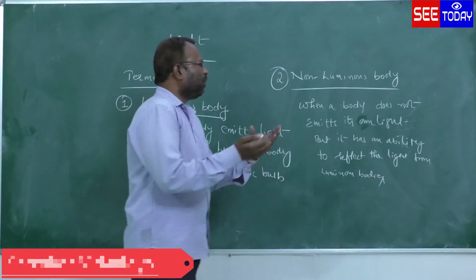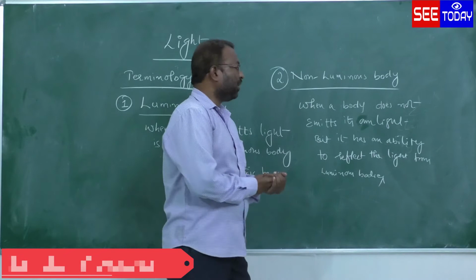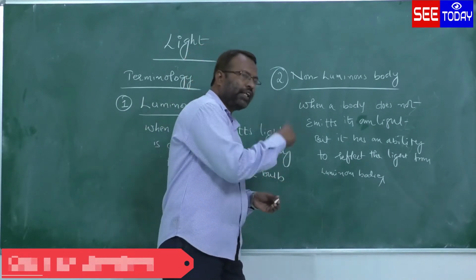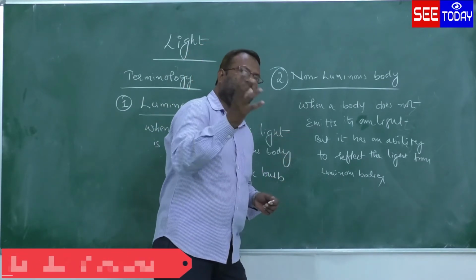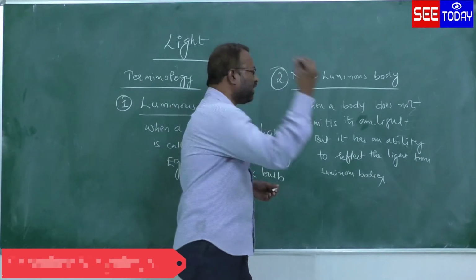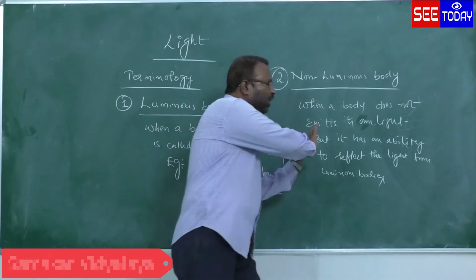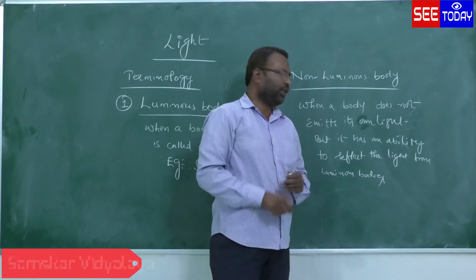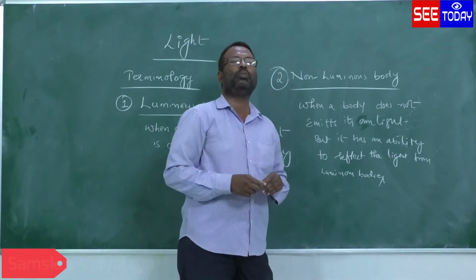A luminous body will incident the light on that one, and it has an ability to reflect it back. That body we are calling non-luminous.